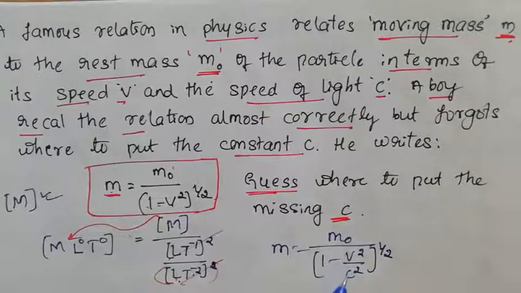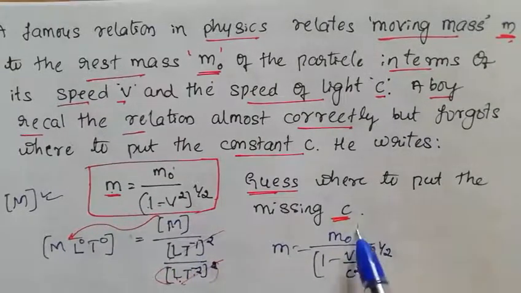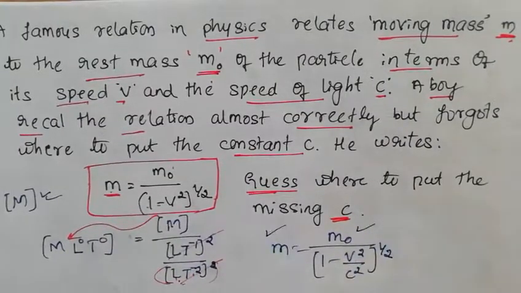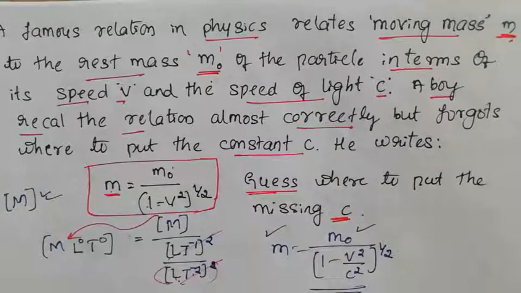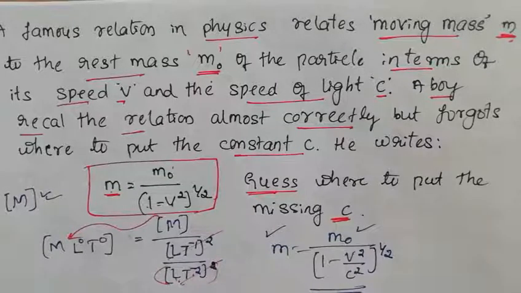Because the dimensional formulas for the speed of light and velocity are both the same, they get cancelled. So we get only M here and M here. This is the way you need to put it. This is the famous relation where, whenever a body moves nearly at the speed of light, the body mass is going to change. Okay, how?